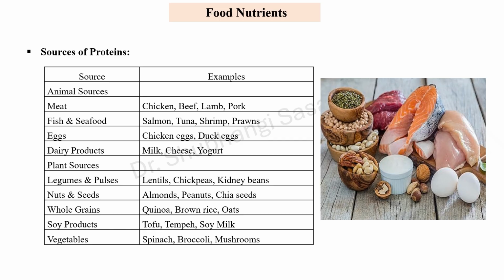Plant sources include pulses, soya beans, tofu, nuts, seeds, whole grains. For vegetarians, soya bean is one of the richest protein sources.